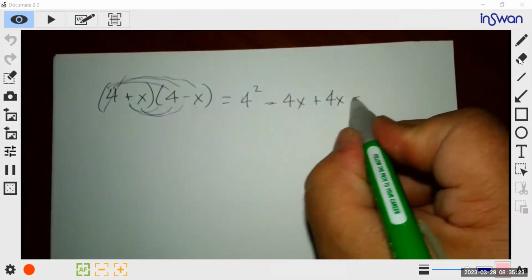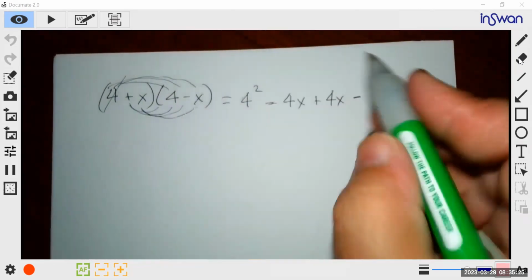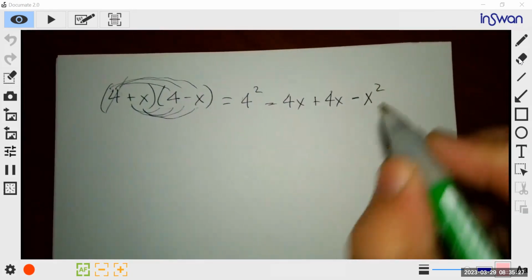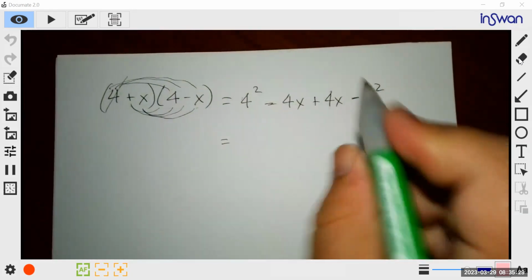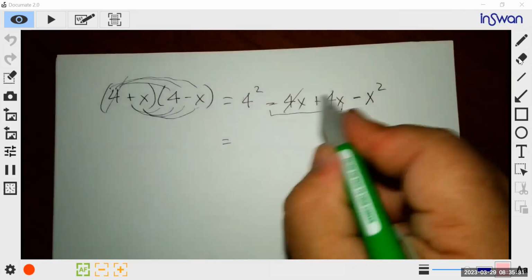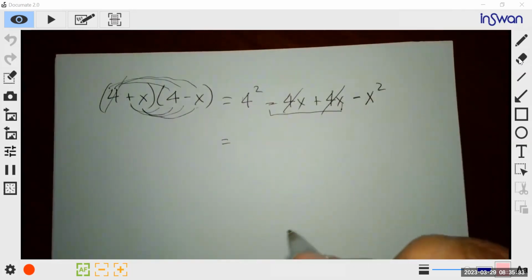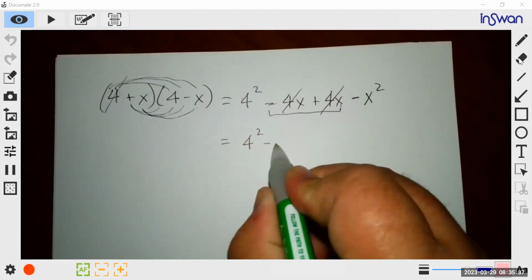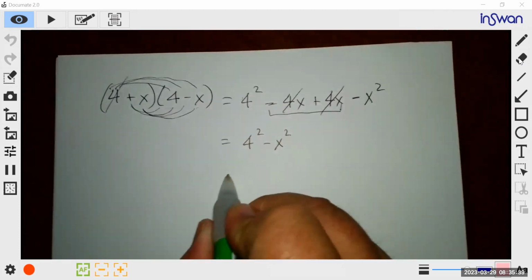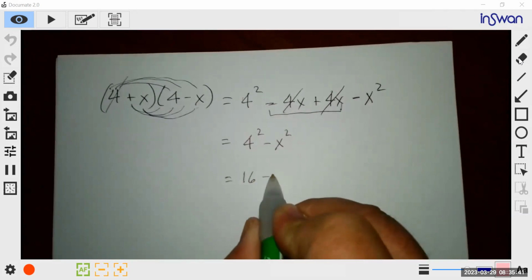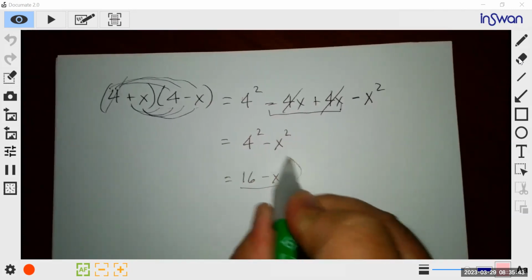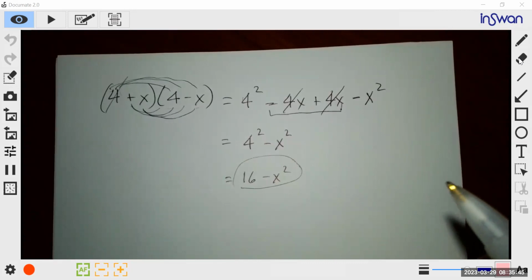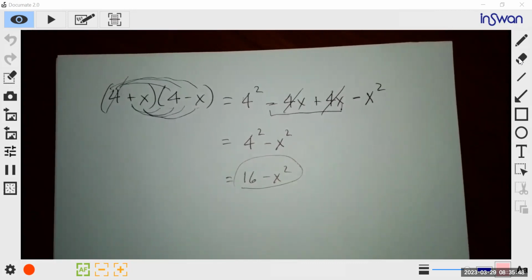Positive times negative is negative. X times X is X squared. These guys cancel because they're the same thing, different signs. So we have 4 squared minus X squared, which is 16 minus X squared. And there you have it.